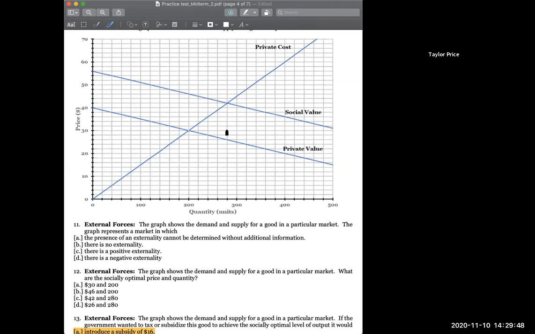So to do that, what they're going to do is come up from this equilibrium point to this equilibrium point. Then to find the amount of the subsidy, you just see this intersection point here and compare it with the intersection point here. I think this one is about 42, I want to say.